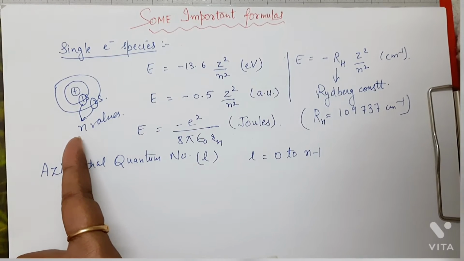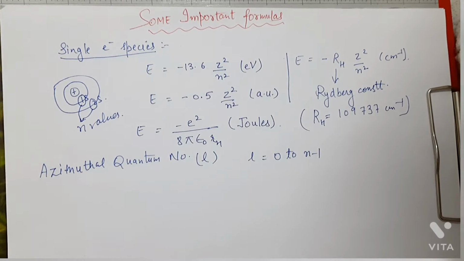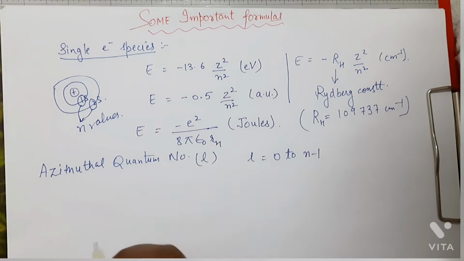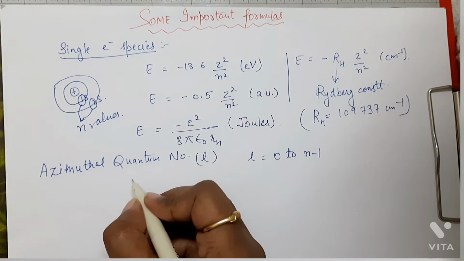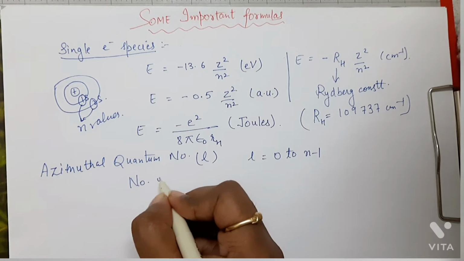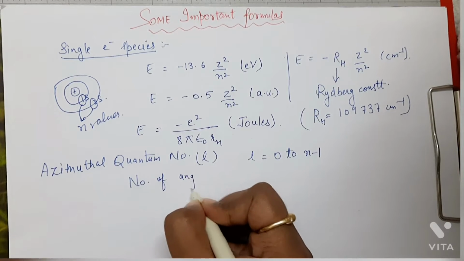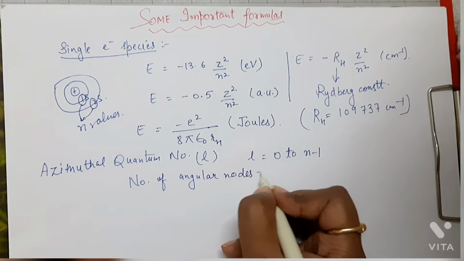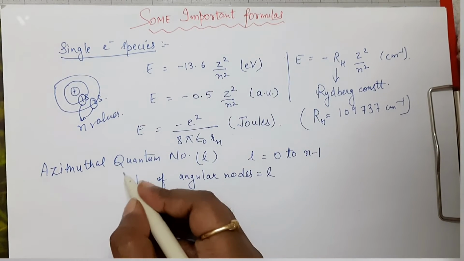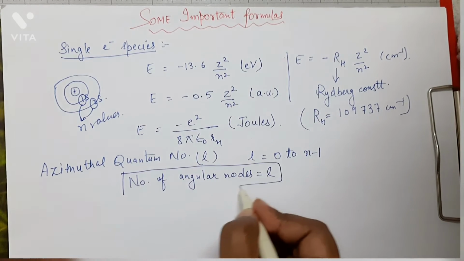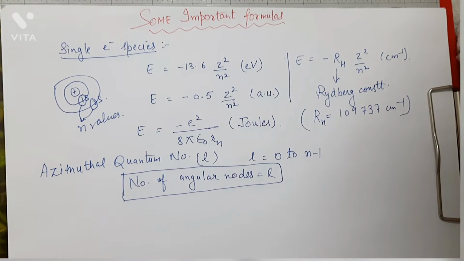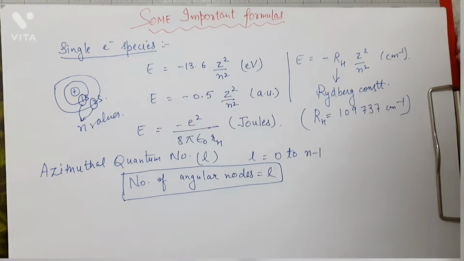Here we have discussed what n is. If we want to find out the number of angular nodes, this is very important, the formula will simply be equal to l. The number of angular nodes will be equal to small l. This is what you need to remember. This is a very important formula.